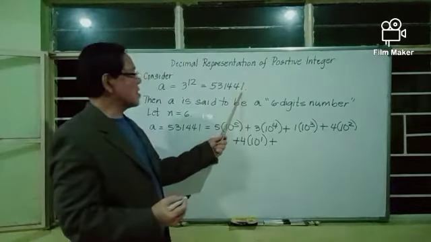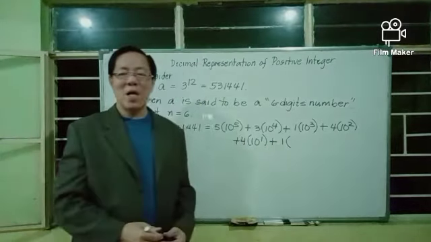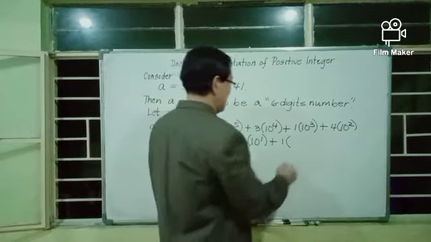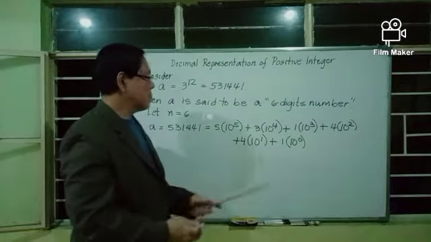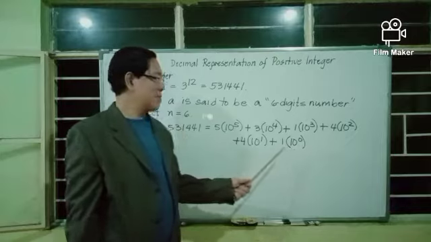And the last digit is 1, and we multiply 1 by 10 to the power 0. But 10 to the power 0 is equal to 1.